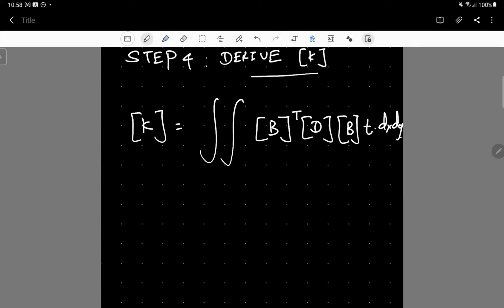The integral over dx has to be performed from minus b to plus b, and dy from minus h to plus h.